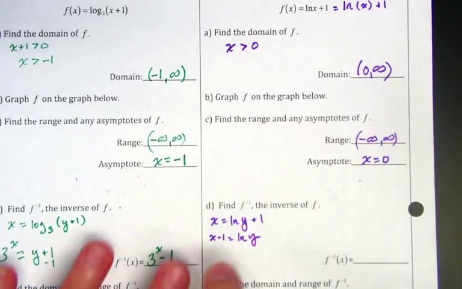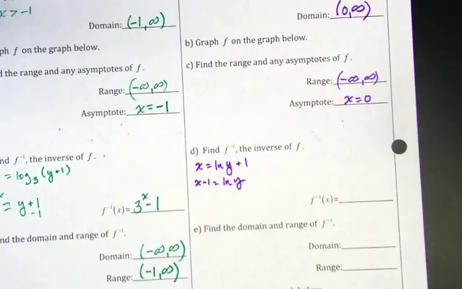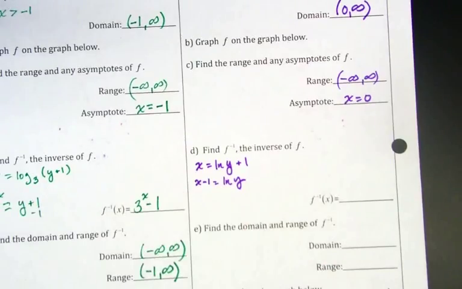So what are the two questions that we ask when we're changing forms? What's the base, and the other one is what's the exponent? So your two questions: what's the base, what's the exponent? For this one, what's the base? Natural log.